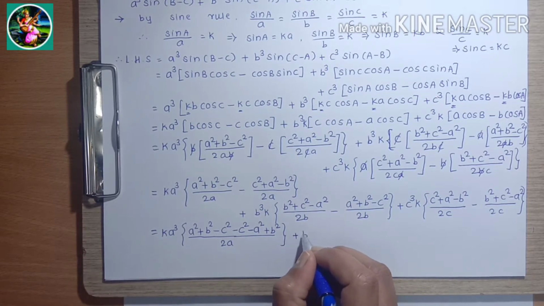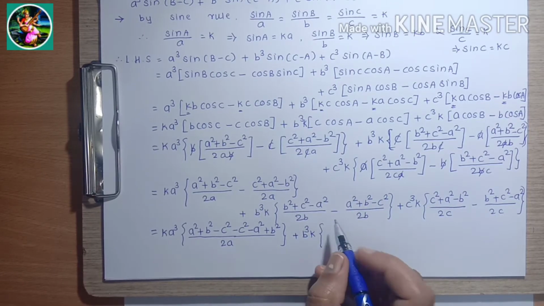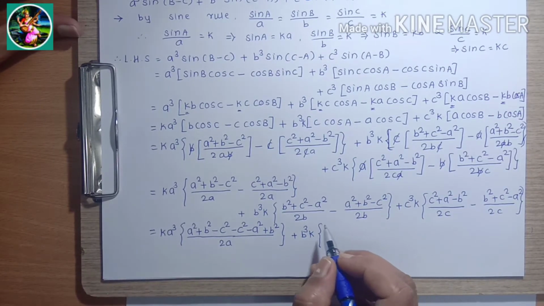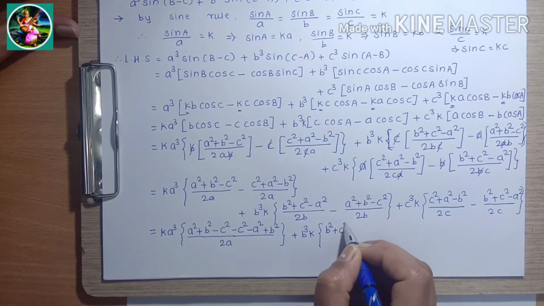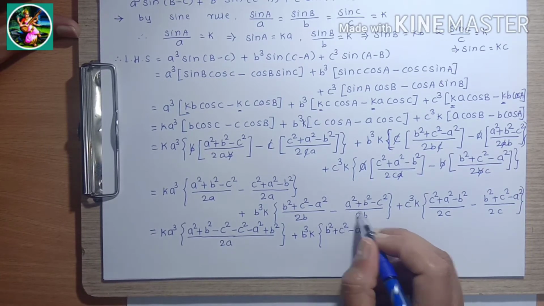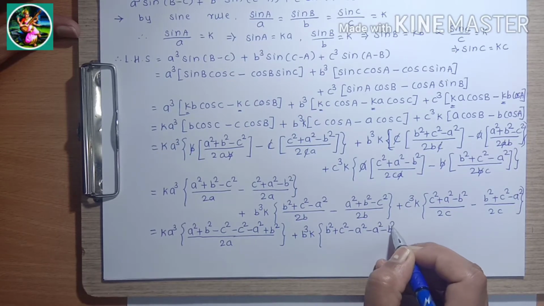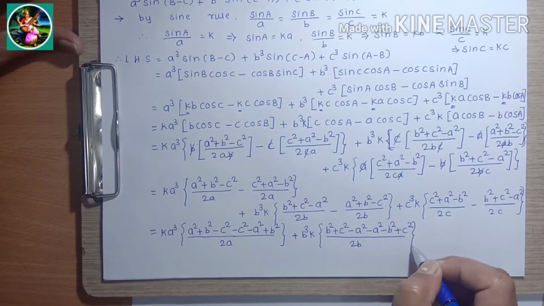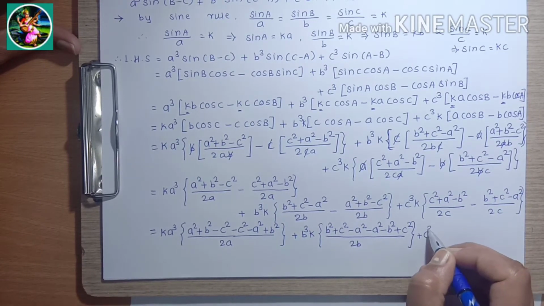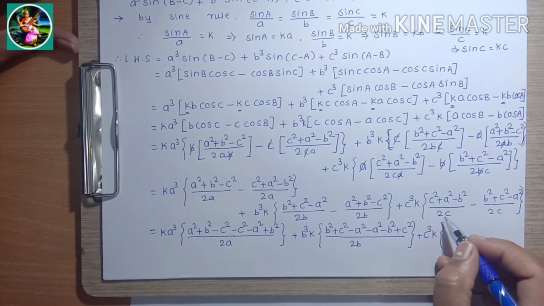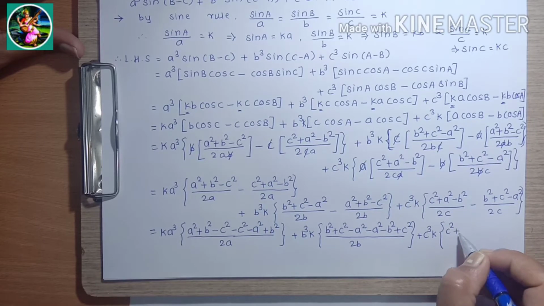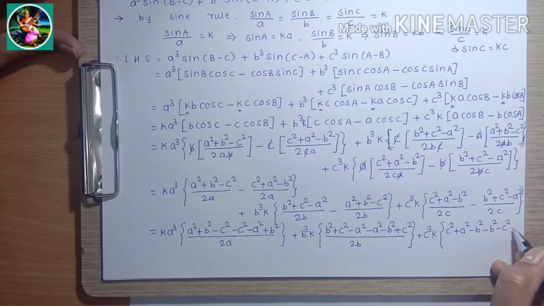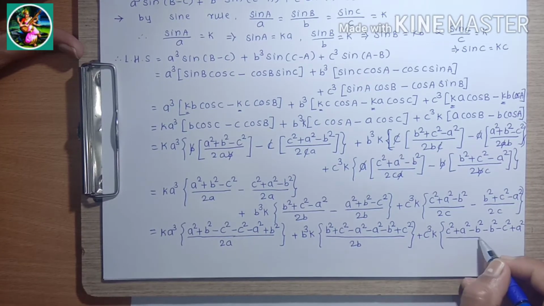Then plus the second term, b cube k into another bracket, they both have denominator 2b, therefore we write b square plus c square minus a square, minus a square minus b square plus c square, divided by 2b, plus the last term, c cube k into bracket c square plus a square minus b square minus b square minus c square plus a square, divided by 2c.